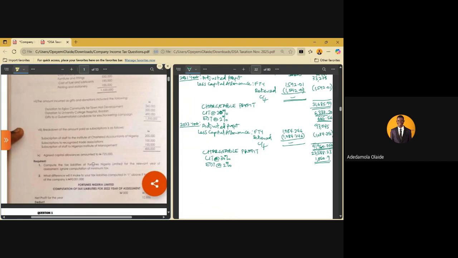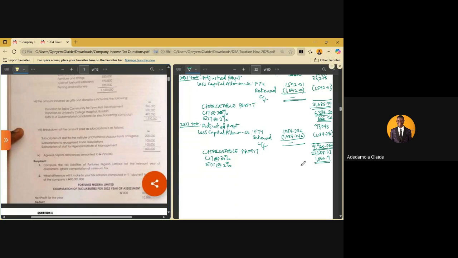So in those two ways, it qualifies for exemption from minimum tax. Do we understand? So, that is that on that.